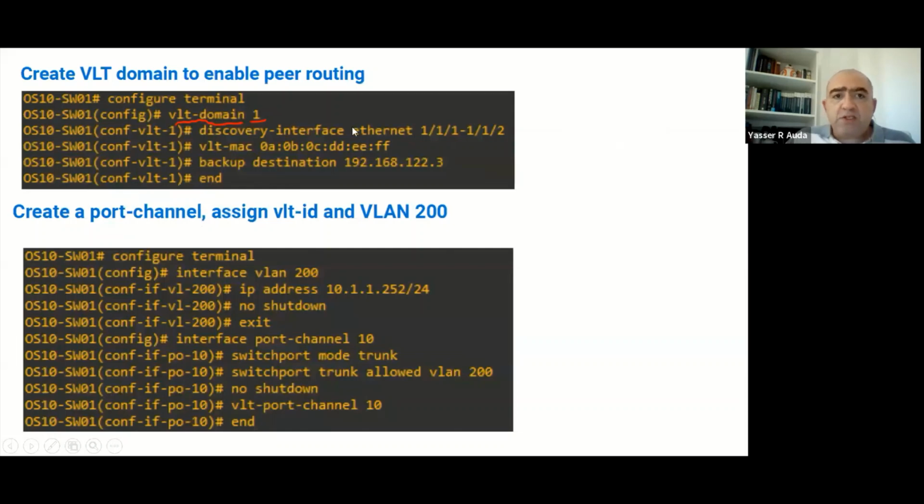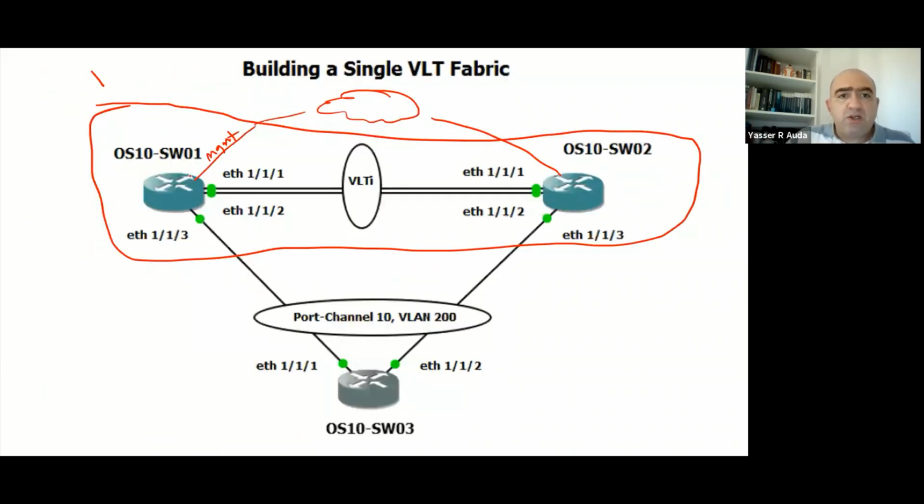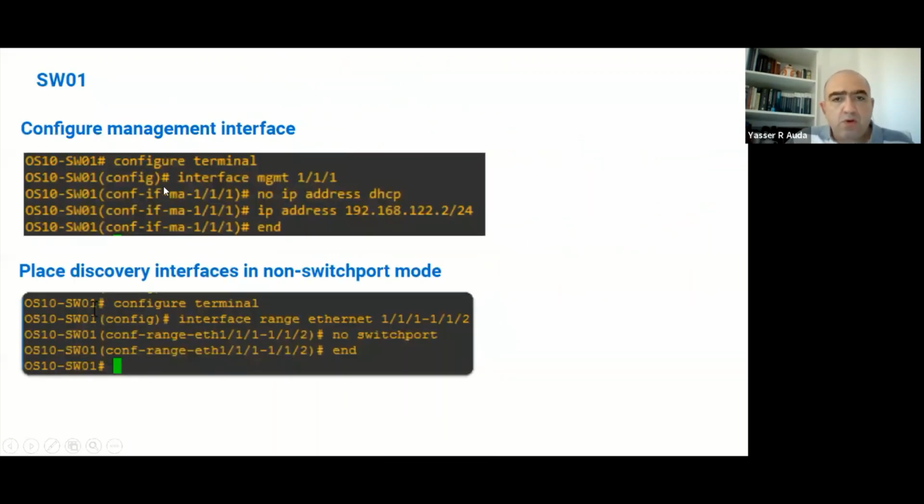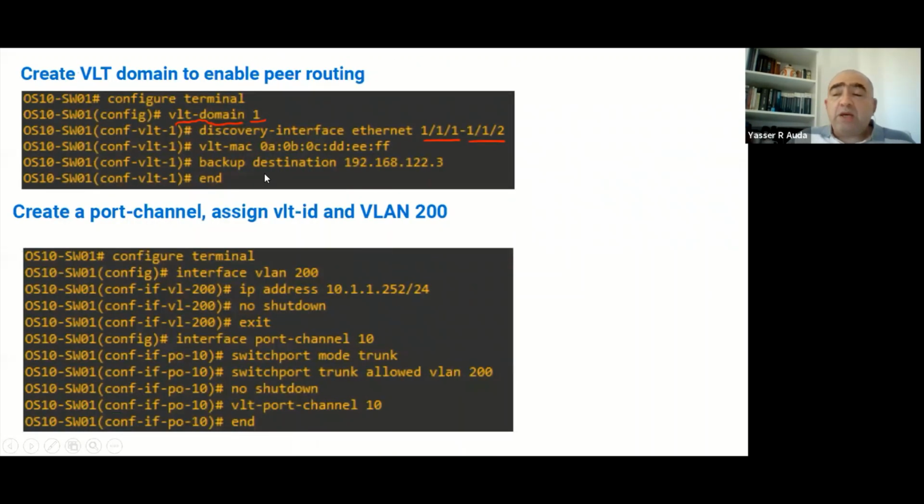Then the discovery interfaces, for switch 1, are going to be interfaces 1/1/11 and 1/1/12. So I'm telling my switch 1, these are your discovery interfaces. Optionally, you can give the MAC address yourself, a virtual MAC address to represent these two switches as one switch, or leave the VLT feature to do it for you.